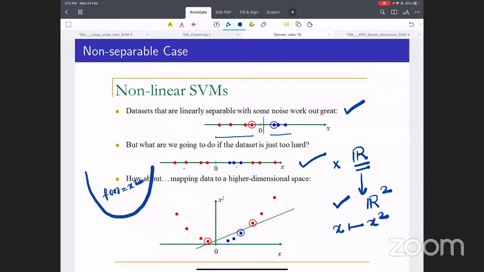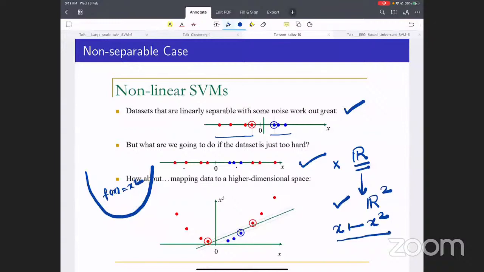Now if we are going from R to R2, meaning one dimension to two dimensions, you can say that the same data with this function will move up, and you can draw a line in the middle, and the data is linearly separable.